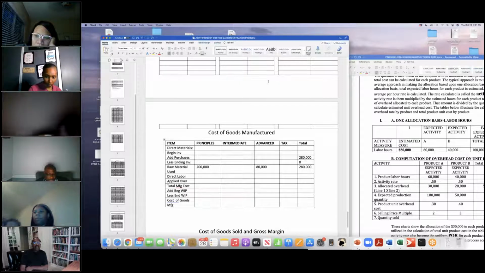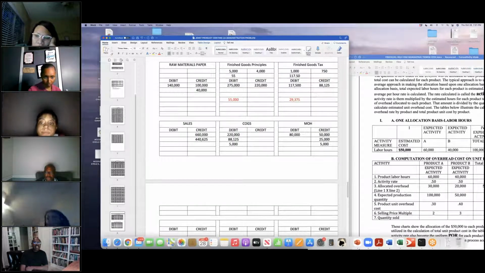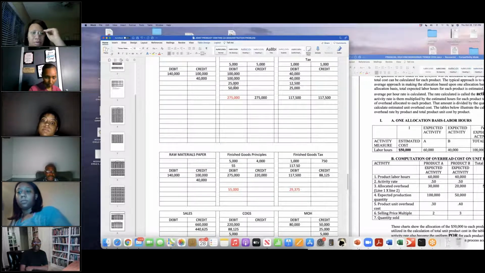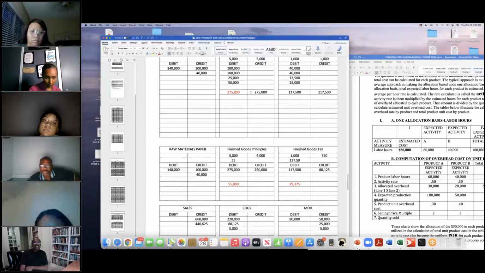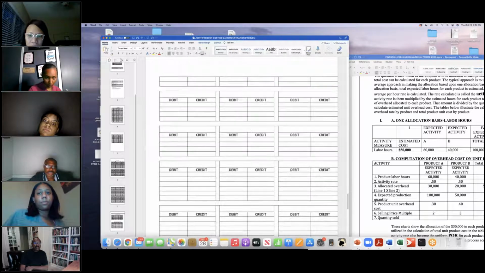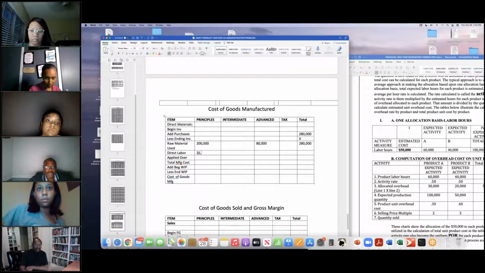Direct labor and overhead, we're simply going to bring those down. So for the tax book, the direct labor and overhead are $25,000 and $50,000.